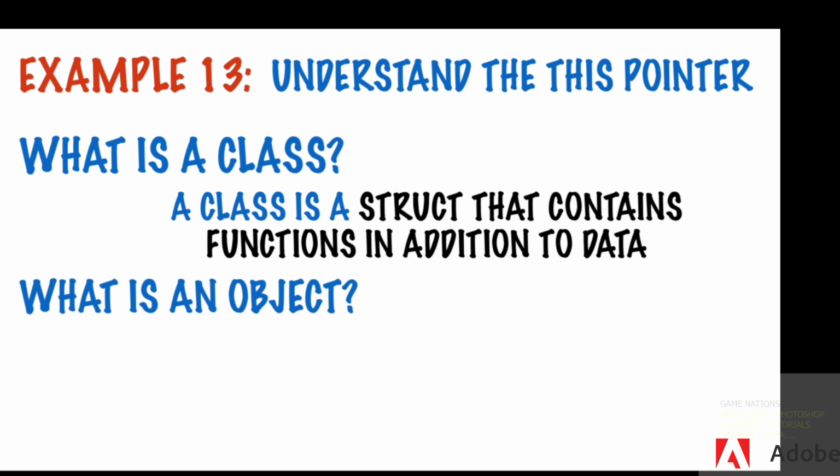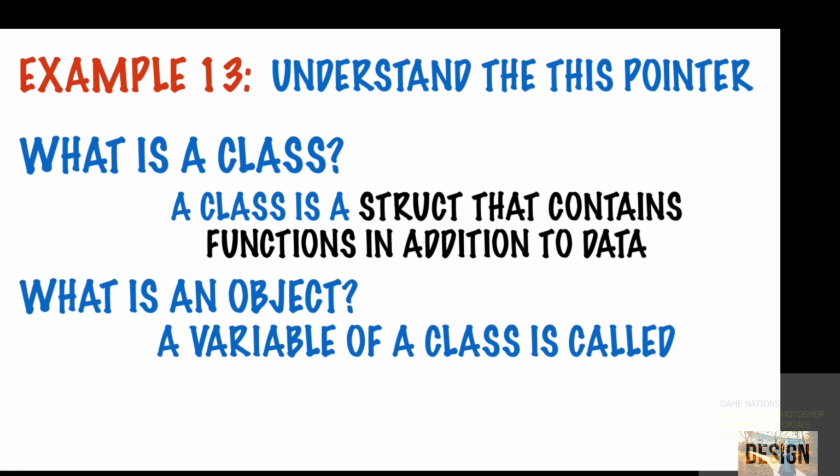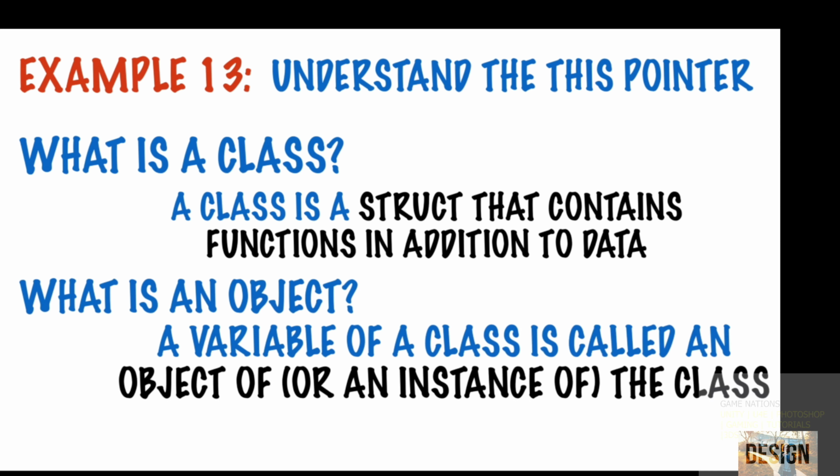This is also a good question and something you need to understand clearly. A variable of a class is called an object, or an instance of a class. The class itself is the template or the blueprint, whereas an object is an actual house or an actual instance which is formed from that template. So for one class, multiple objects can be instantiated from that one class.